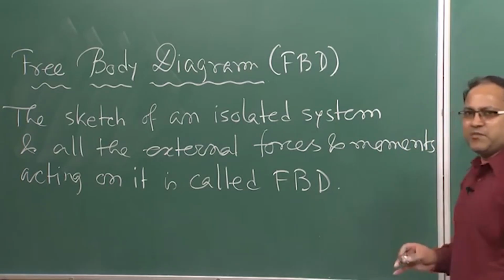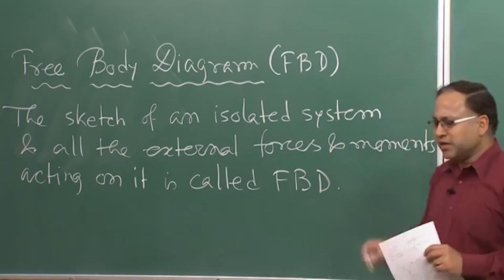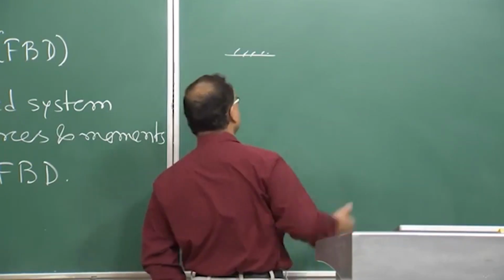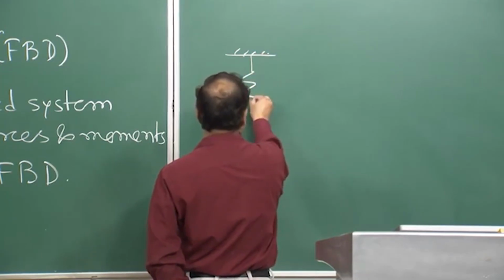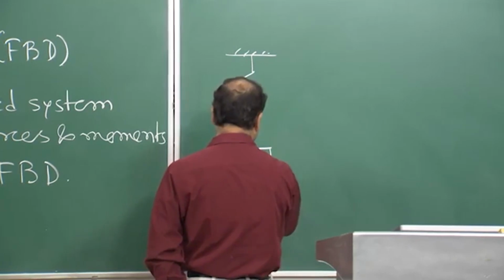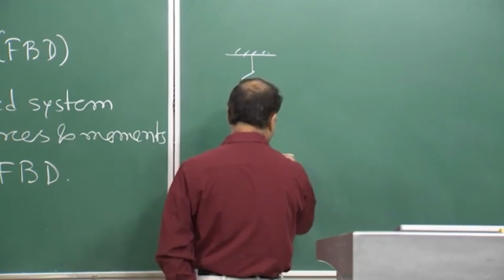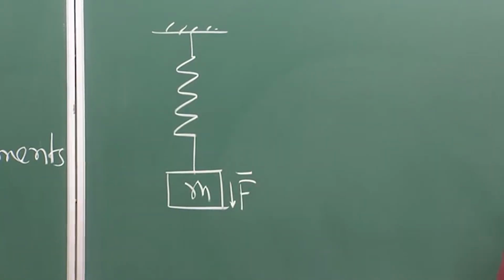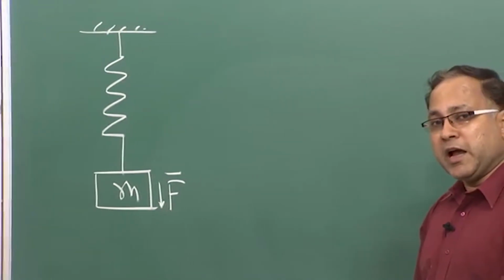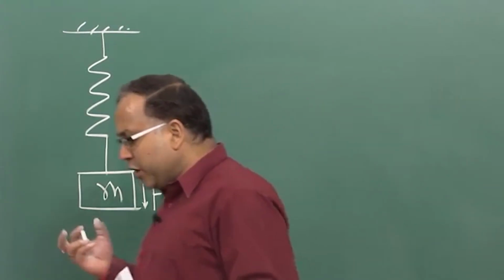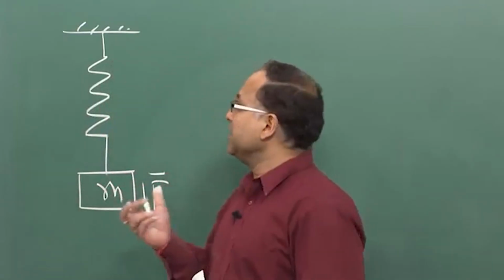So what does it mean? This is the statement. Now, suppose you have one floor or roof. From the roof, one spring is hanging, and at the end of the spring you have one mass which is giving some force F. It is a very simple system, but if you want to draw the free body diagram of this system, first you identify what components are forming this system.